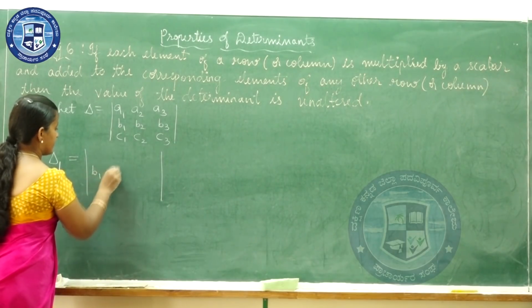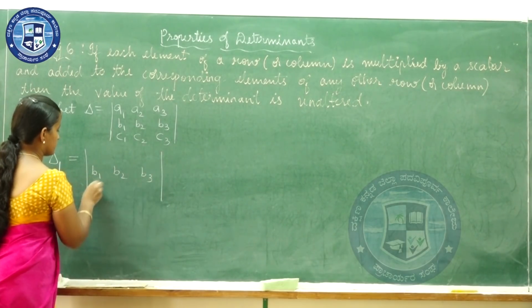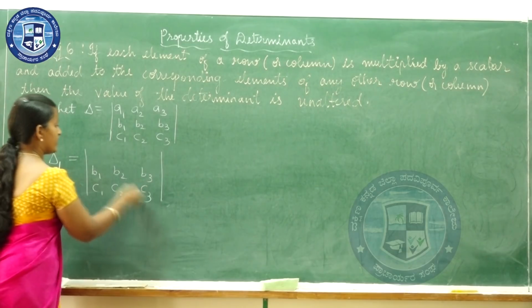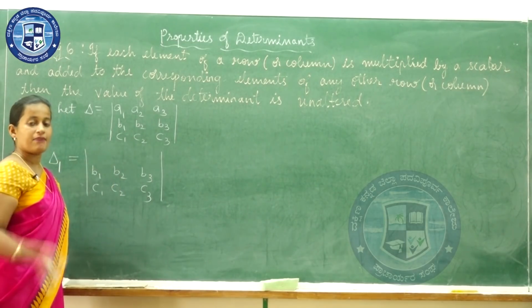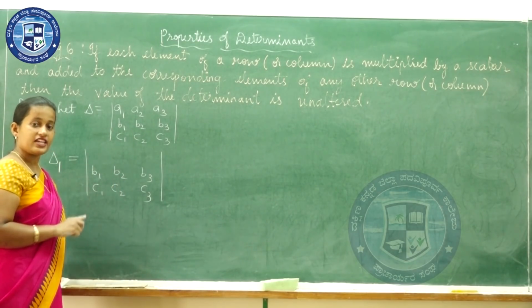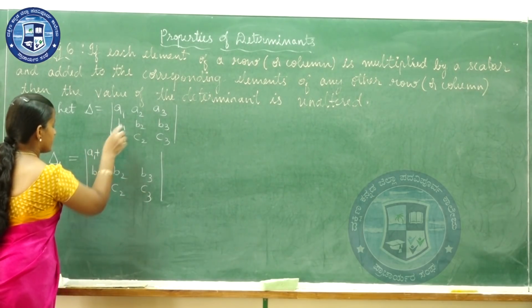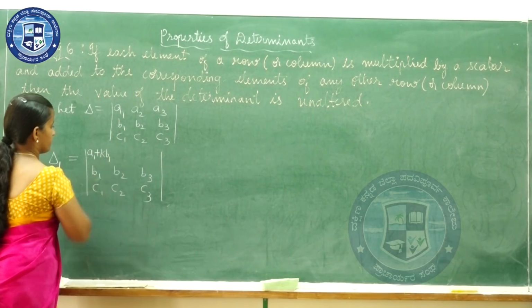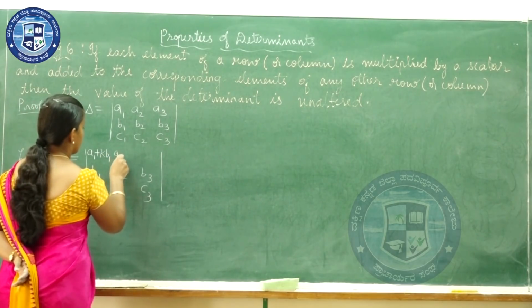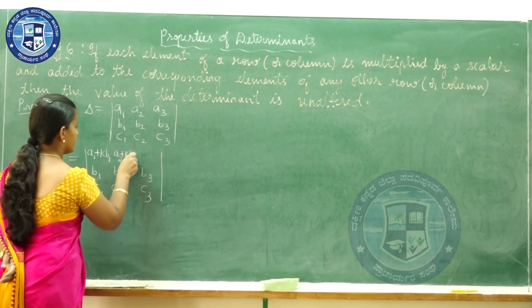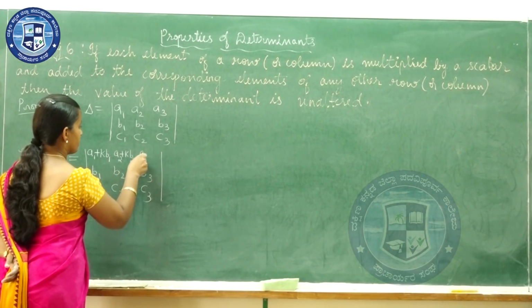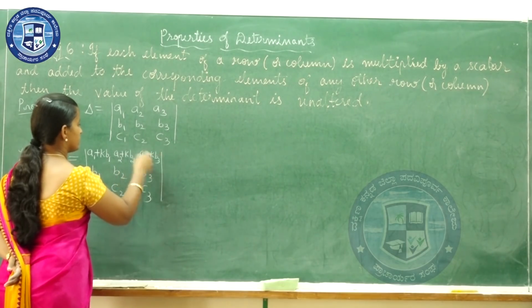So, second row and third row as it is, whereas for the first row, I am adding k times the second row. So, A1 plus KB1, A2 plus KB2, A3 plus KB3.